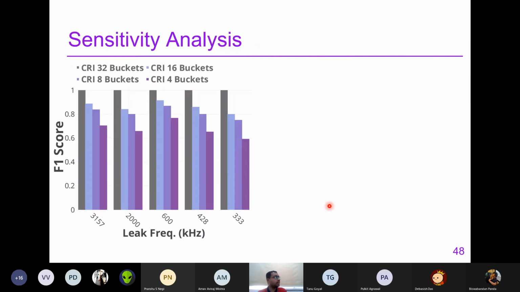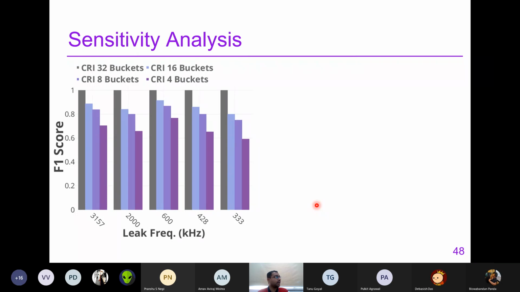In the last graph, they do some sensitivity analysis, varying the hardware parameters to see how well the Cyclone algorithm works. One bucket is like one counter. We cannot assign one counter to each cache line or set, because the hardware cost would be very high.